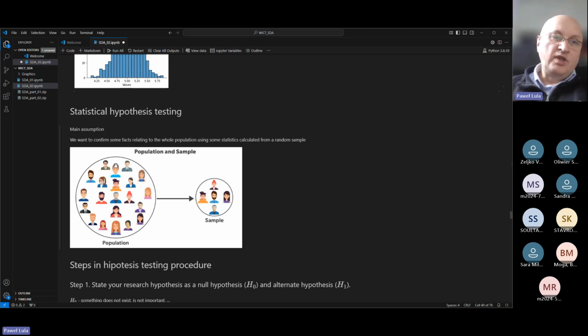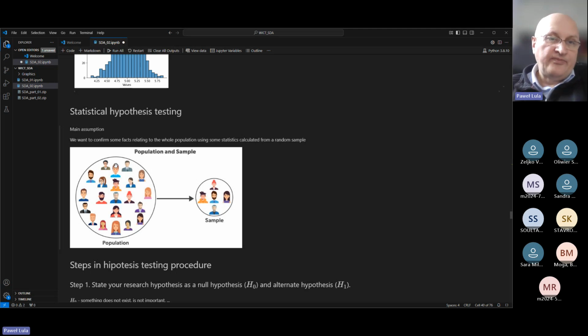But we are not able to check, to perform research among all members of this population. It is our second very important assumption.